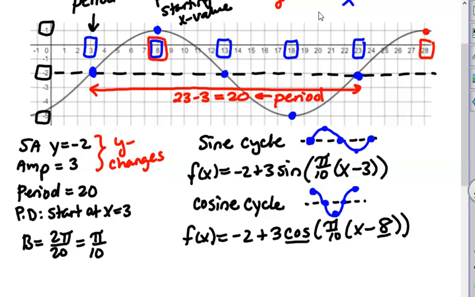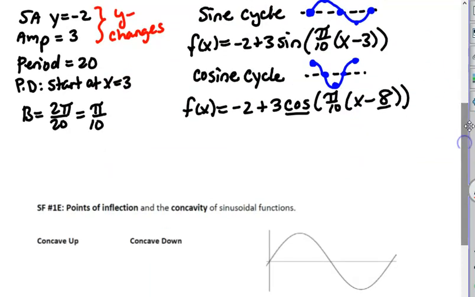So this is 5 units from here to here, this is 5 units from here to here, and so forth. That's one period. So this is 1/4 of 20. Now, of course, if I started at 8 and end at 28, then this is another 5 that would go from 8 to 28. That would be also another 5. So I'd like you to write down that's kind of an important piece of information.